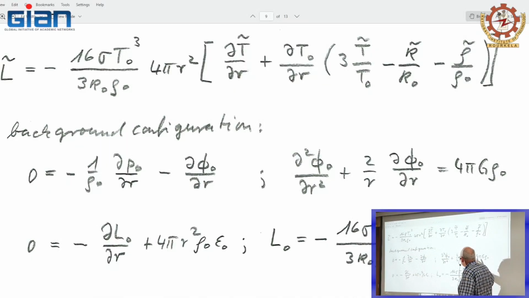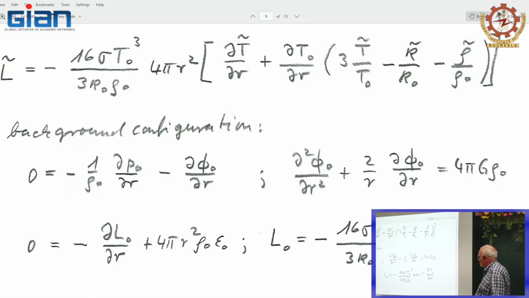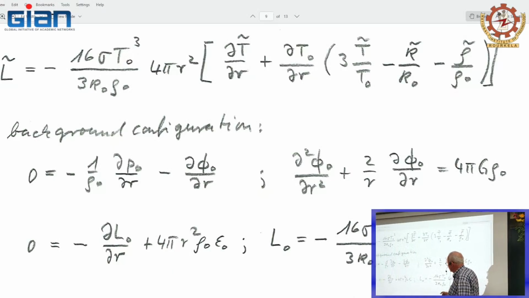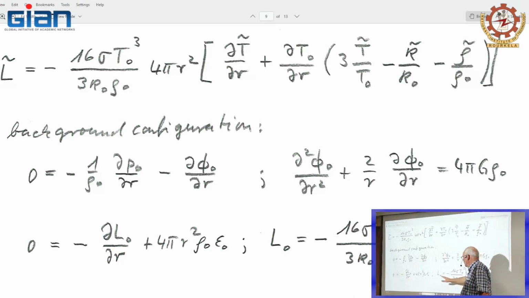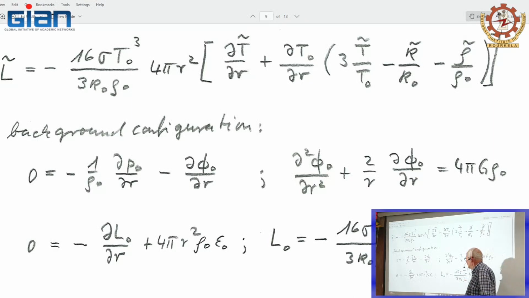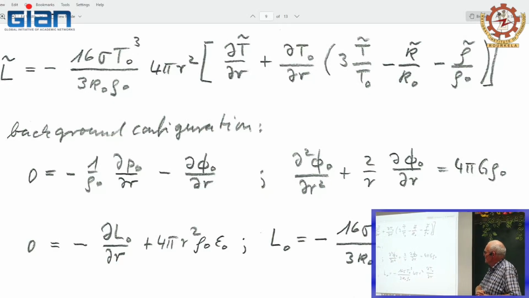It means that for the stationary potential, of course, also Poisson's equation is valid, and that for the stationary configuration, for the hydrostatic configuration, luminosity is given essentially by the diffusion coefficient and the temperature gradient, and also that the run of the luminosity with radius is determined by the nuclear energy generation rate. Keep in mind this.